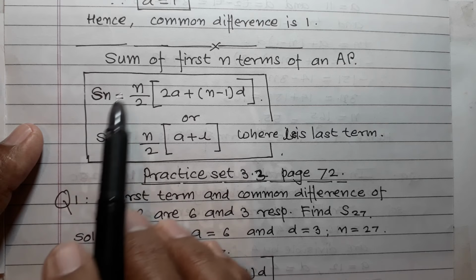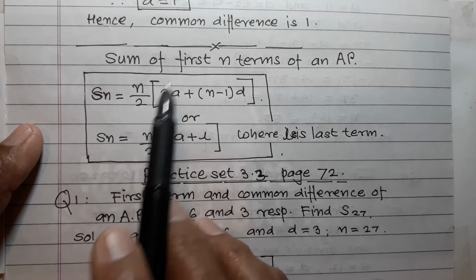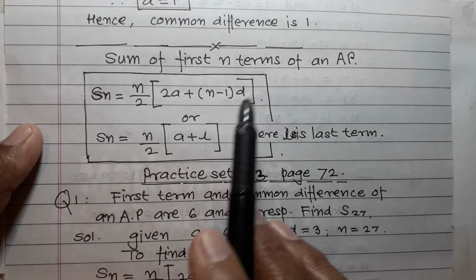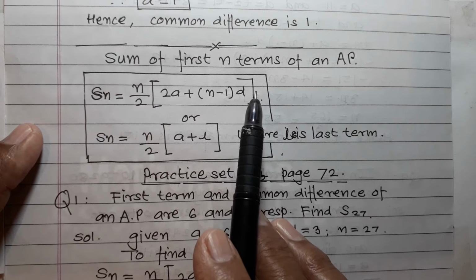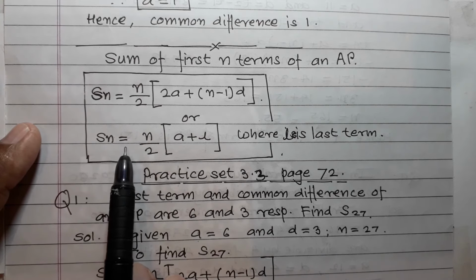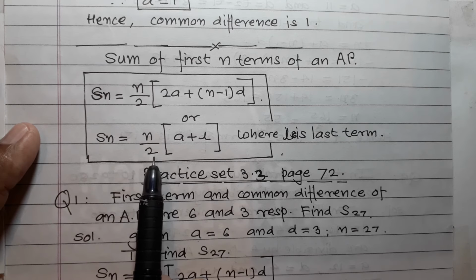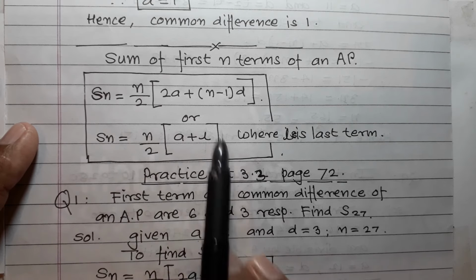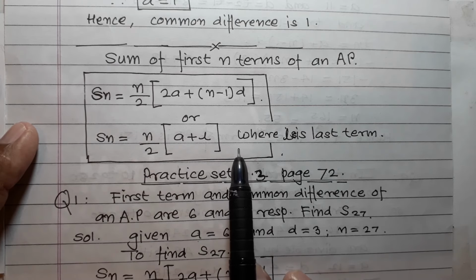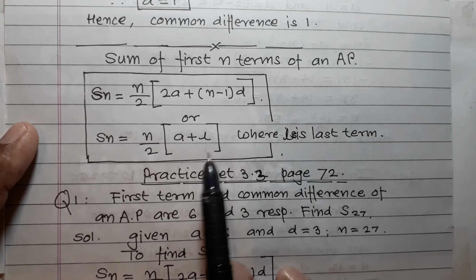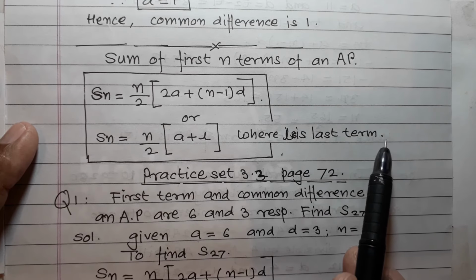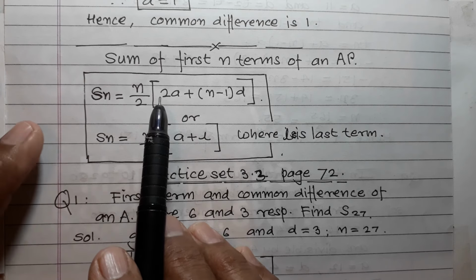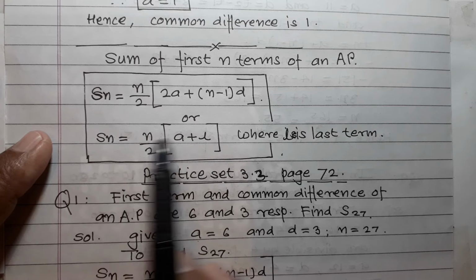Sn is equal to n upon 2 into bracket 2a plus n minus 1 into d, and Sn is equal to n upon 2 into a plus l. Now you use this formula when the last term is given, where l is the last term. Okay, learn these formulas by heart. Whatever formulas there are, you learn them by heart.